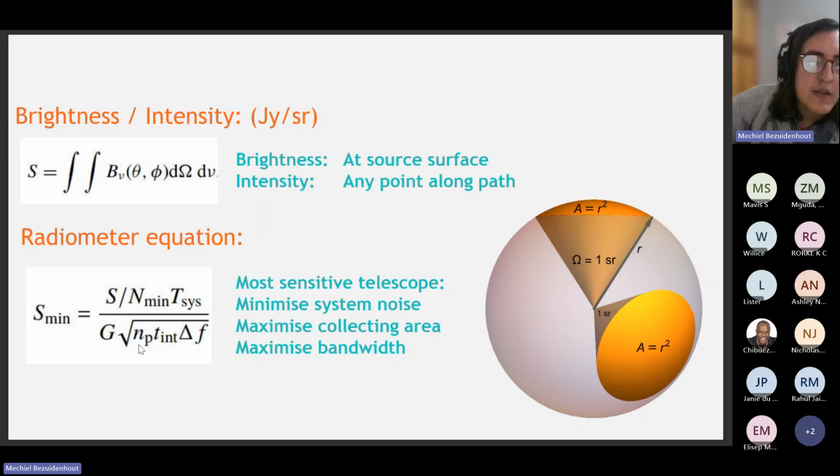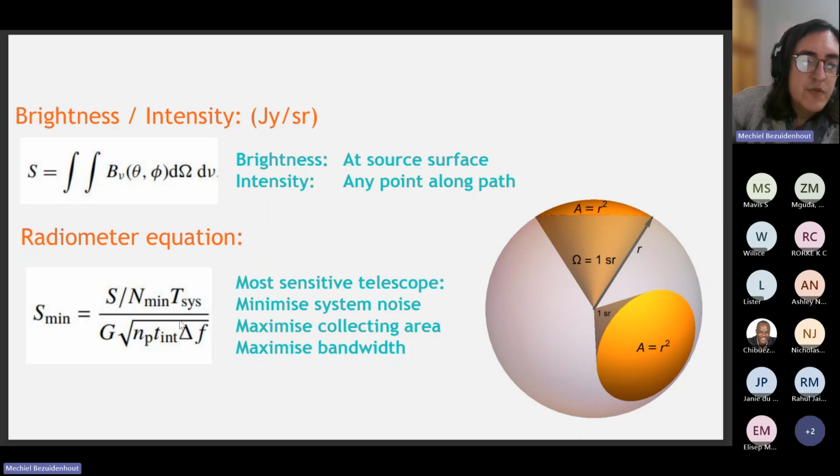It's also inversely proportional to the number of polarization channels. So usually for full polarization observation, you take 4 polarization channels corresponding to the 4 Stokes parameters. I'll talk about the Stokes parameters as well in a bit.